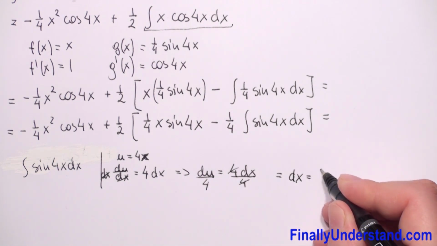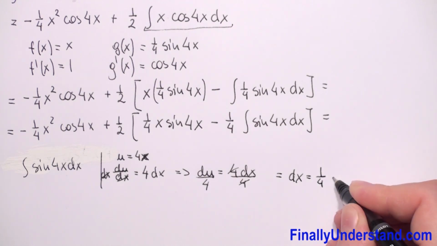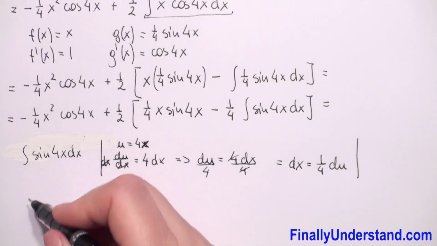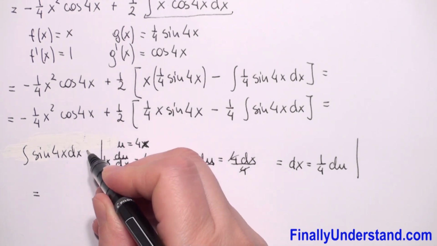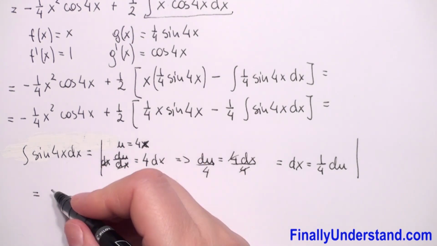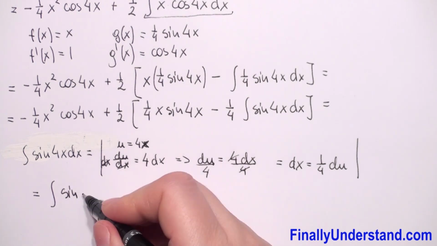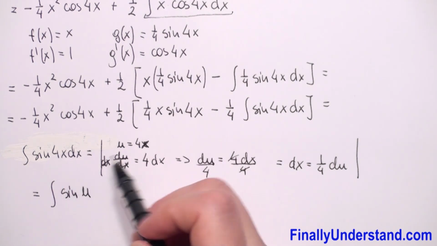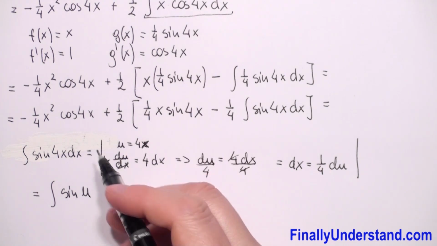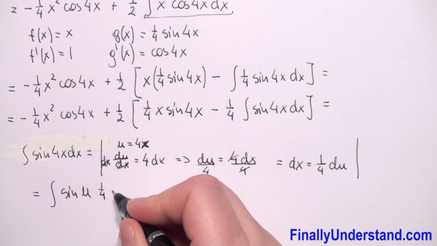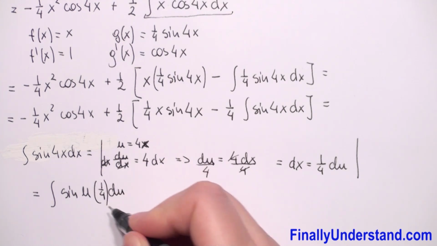Dx is equal, I can write 1 over 4 du. So now we can solve our integral. This is equal. We will have integral of sine of u, 4x I substitute by u, and dx is equal 1 over 4 du. Can put in parentheses.